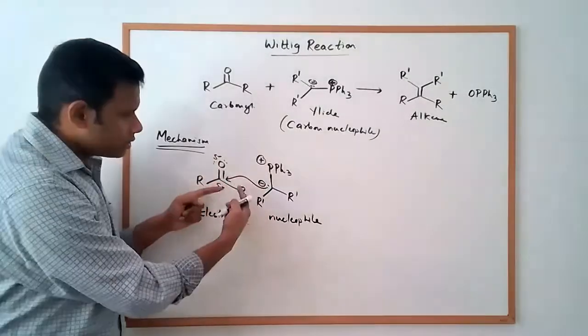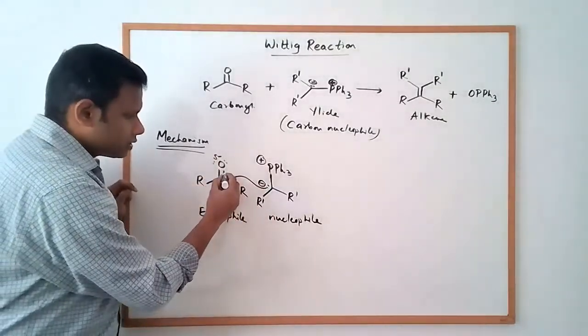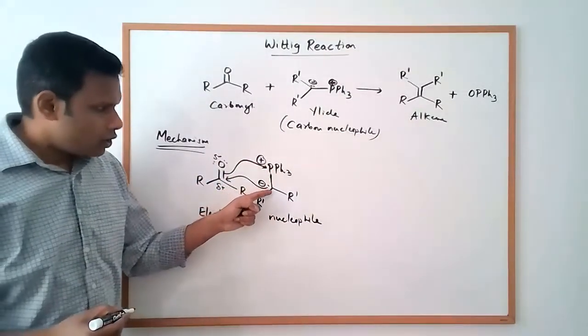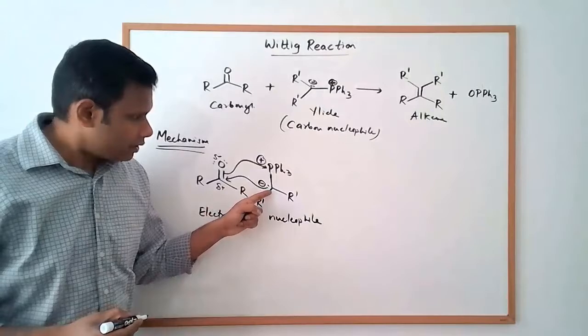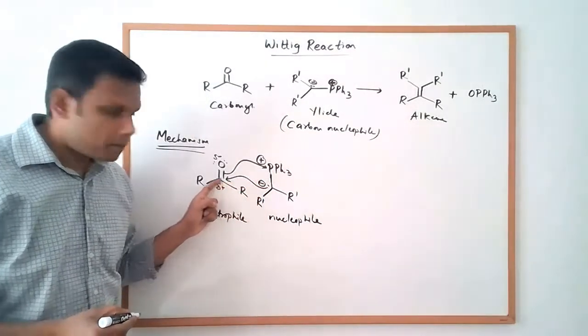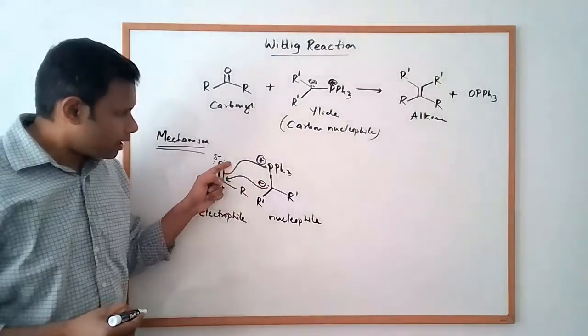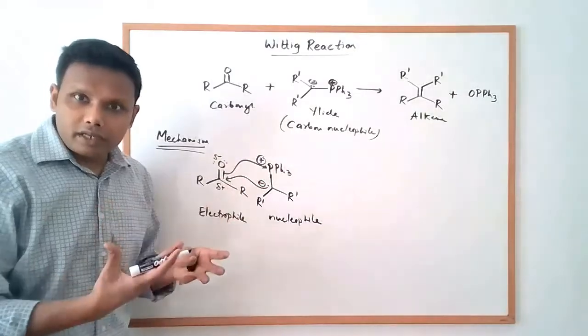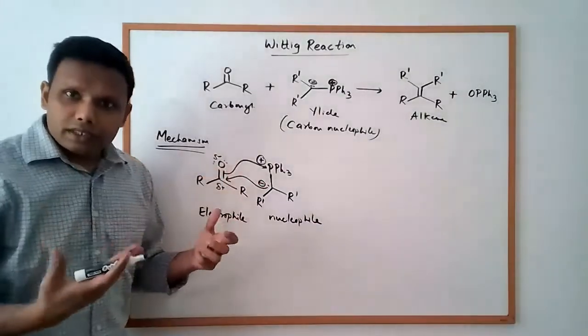The two carbons are coming together, making a bond. Simultaneously, the pi bond goes and attacks the phosphorus. The nucleophile from the ylid attacks the electrophile from the carbonyl compound. That would open up the pi bond so that the oxygen now becomes nucleophilic. It will have a negative charge on it. Now, we don't really see that.